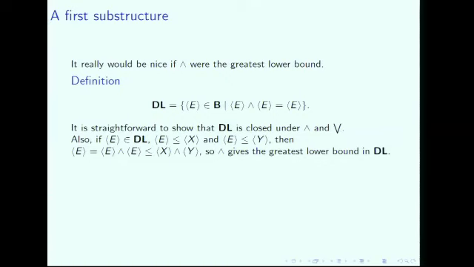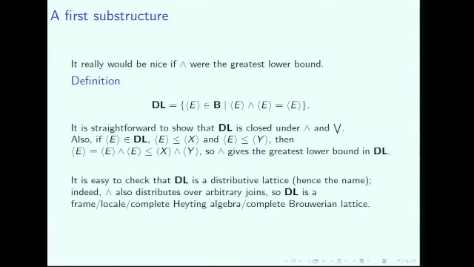Also, if you've got something in DL and it's less than two spectra x and y, then that line there shows that it's less than the smash, and so smash is the greatest lower bound in DL.